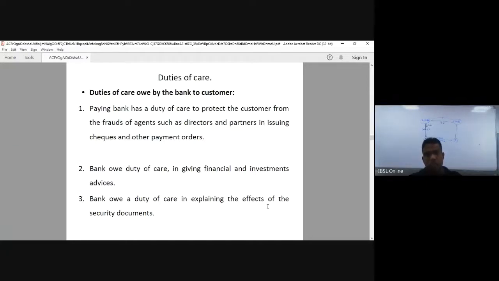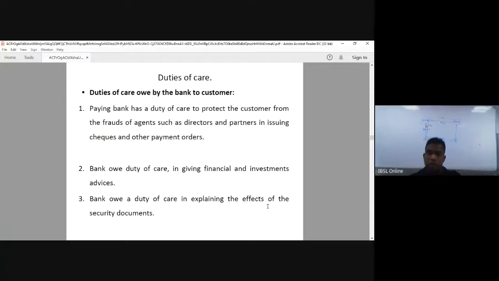Now see the duty. What is the duty? Duty of care in explaining the effect of the security documents. What are the security documents we take from the customers? We take personal guarantees. We take loan agreements when we are granting loans, or overdraft agreements, current accounts, credit card agreements, and some mortgage bonds, right?